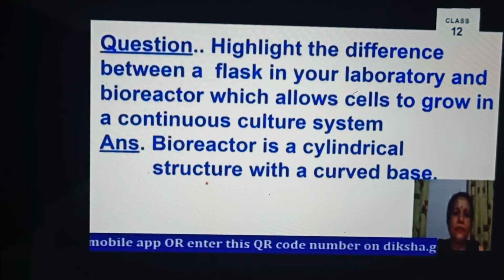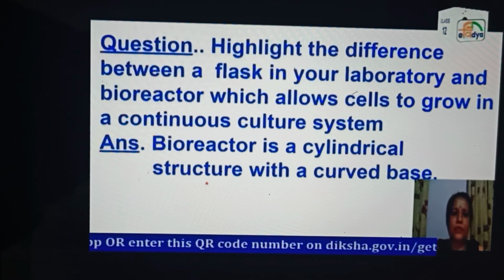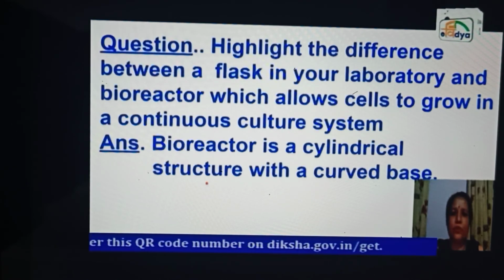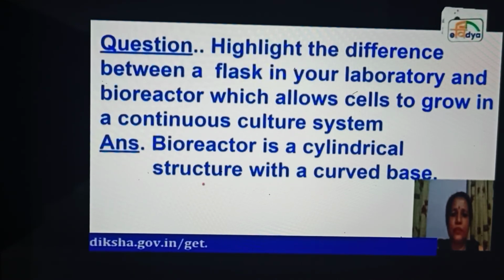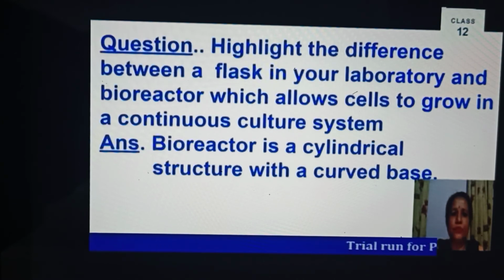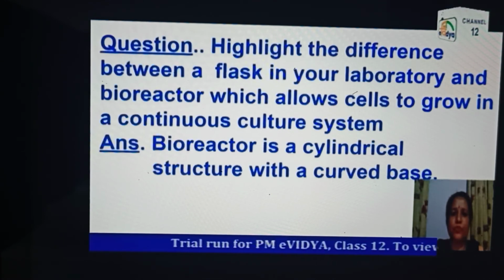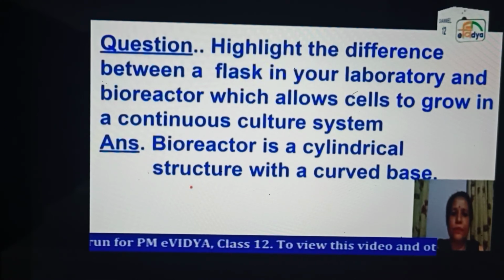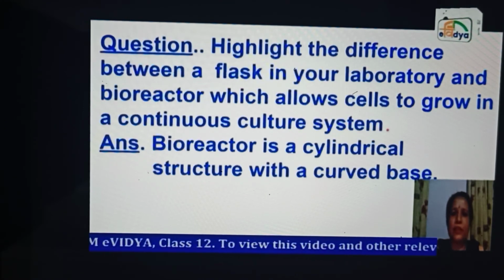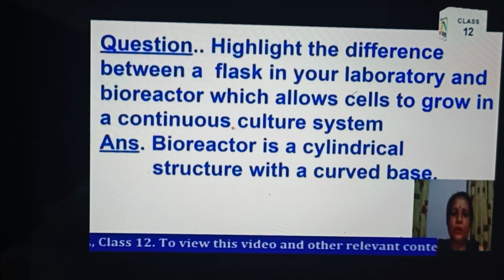Now highlight the differences between a flask in your laboratory and a bioreactor which allows cells to grow in a continuous culture system. So you have to tell the difference between the bioreactor and simply a flask which we use in a laboratory to grow the culture to produce the products.